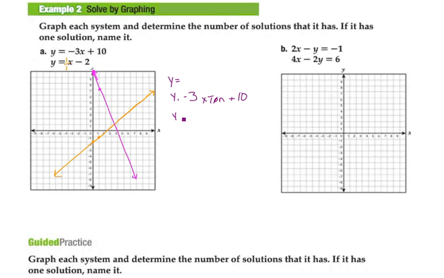In the y2, you're going to write your x, -2. After that, we're going to hit the second button, and we're going to say trace, and we're going to find the intersection. And then we're going to hit enter 3 different times.